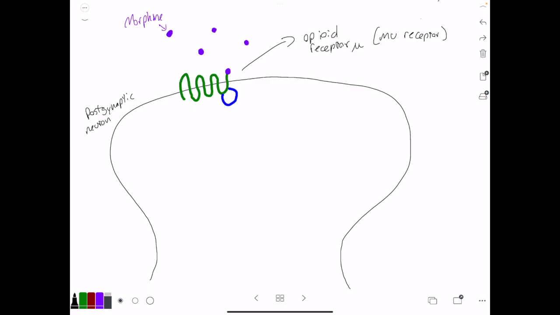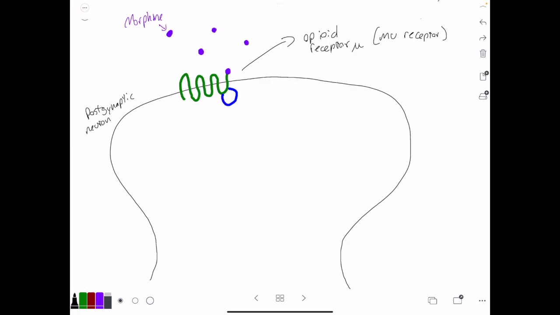But let's talk about desensitization. When you take opioids over extended periods of time, users will experience a desensitization. So they require more and more of the drug as they build a tolerance for it, or more appropriately, a desensitization to it. That's because of the signaling that happens by prolonged binding.